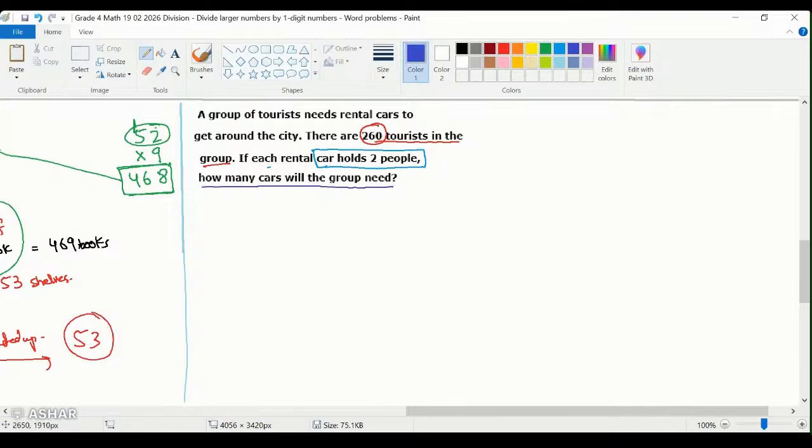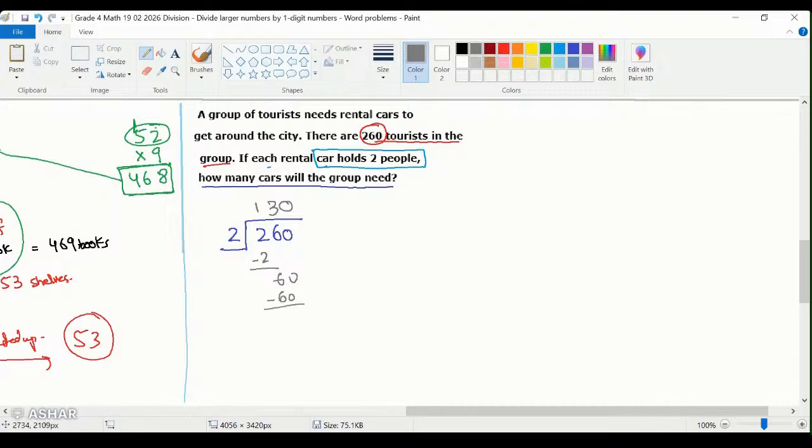We know that 260 is to be divided by 2. Agreed? And what is 260 divided by 2? 2 times 1 is 2. We minus, 6 comes down. 2 times 3, we write down 6, and this is 0, right?